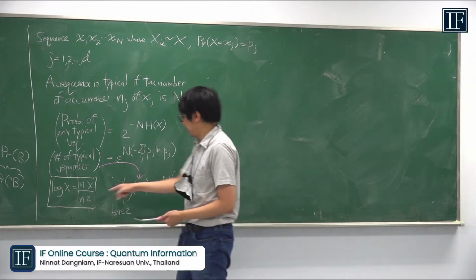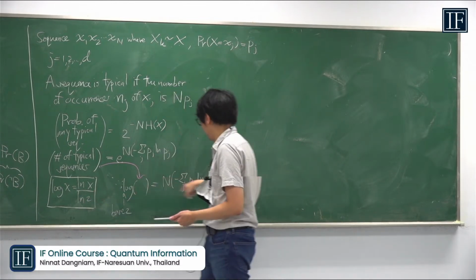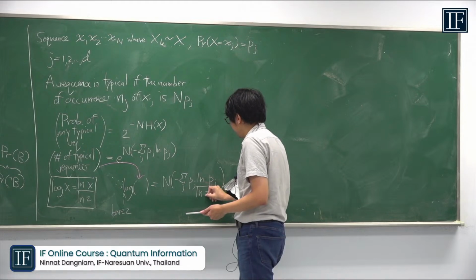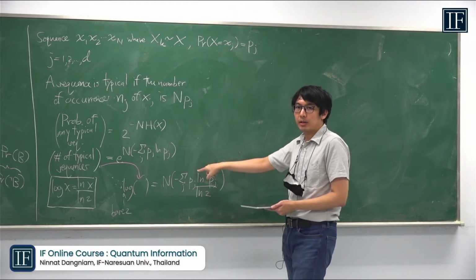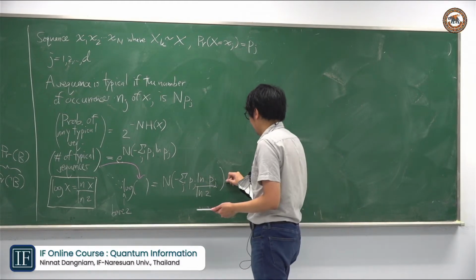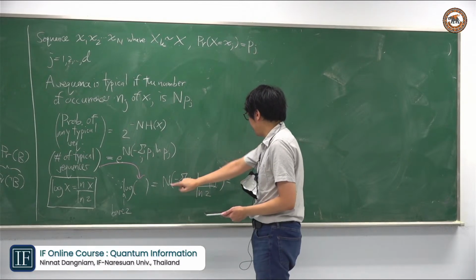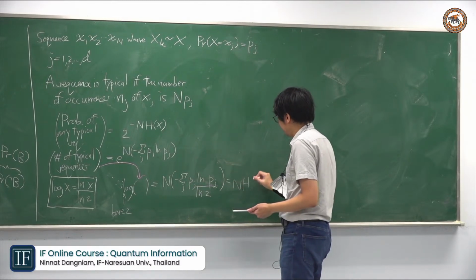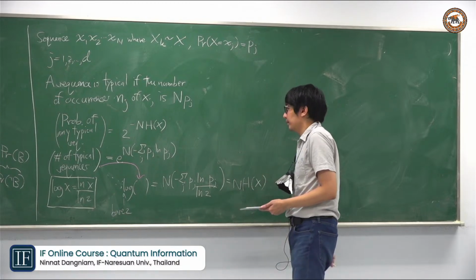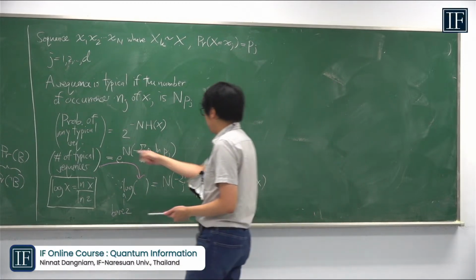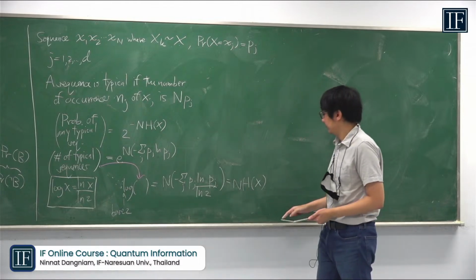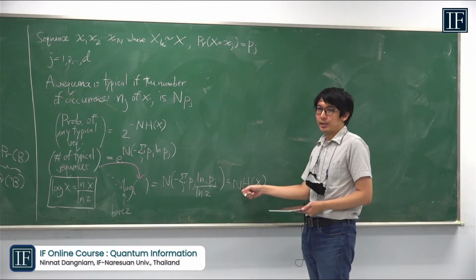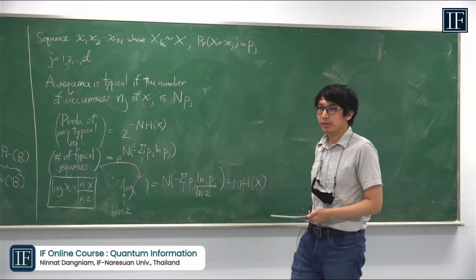And then I can distribute log 2 to every one of them, right? And so this turned into log base 2 here. And so there's already a minus sign, so yes, the log of the number of typical sequences is n times the entropy of the source of the variable.